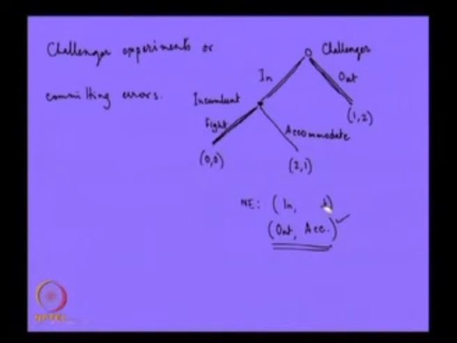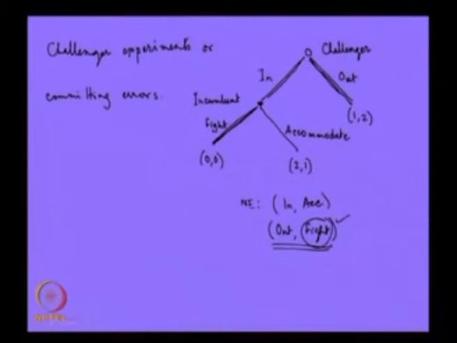Sorry, this was wrong, in-accommodate, out-fight. Out-fight. So, if the challenger is sometimes doing experiments and choosing in, and then he is observing the incumbent to be fighting, that is why he forms the belief that the incumbent will fight with him if he chooses in.